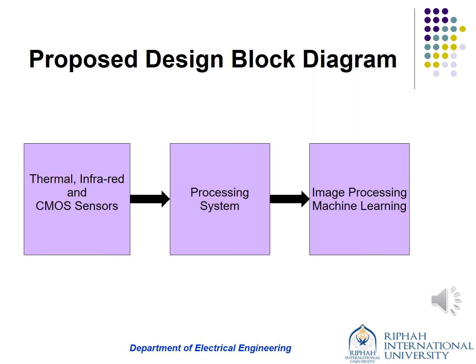In the next slide we have the proposed design block diagram, in which we have three main blocks. The first block contains sensors, in which we have different sensors like thermal, infrared and CMOS sensors. These sensors collect the data and send it to our processing system.